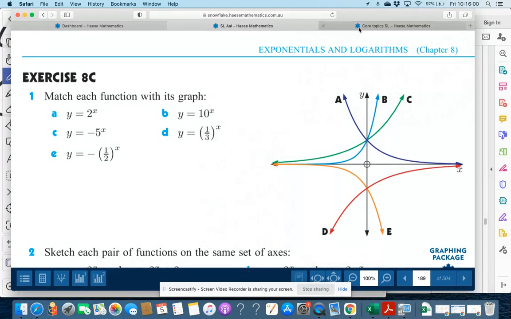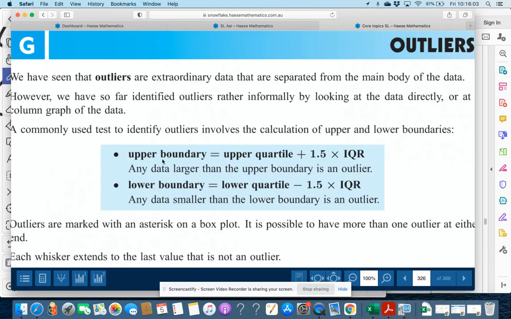The outlier is defined by taking the upper quartile, Q3, plus 1.5 times the interquartile range. That's for the upper boundary of what may be outliers. And then the lower boundary, we just subtract 1.5 times the interquartile range.